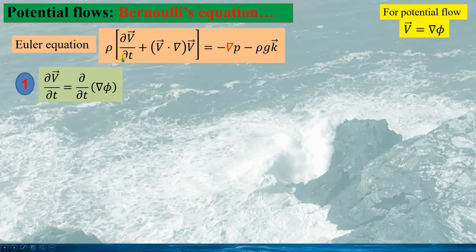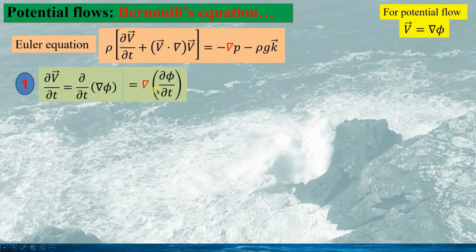Now we can look at each term in the Euler equation. The first term, the local acceleration: if we substitute the velocity vector calculated by the velocity potential function into the expression, we have this. And we can change the order of the operations, the partial differentiation with regard to t and the gradient, the Laplace.